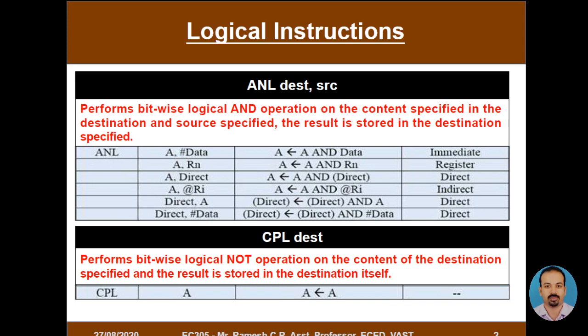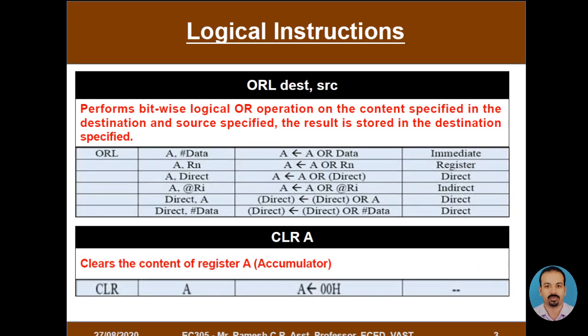Then we have ORL destination comma source, which is similar to the logical AND operation, but instead of logical AND, the logical OR operation between the two operands takes place. In the first four instructions, the resultant is updated in the accumulator, that is, the destination is the accumulator register.